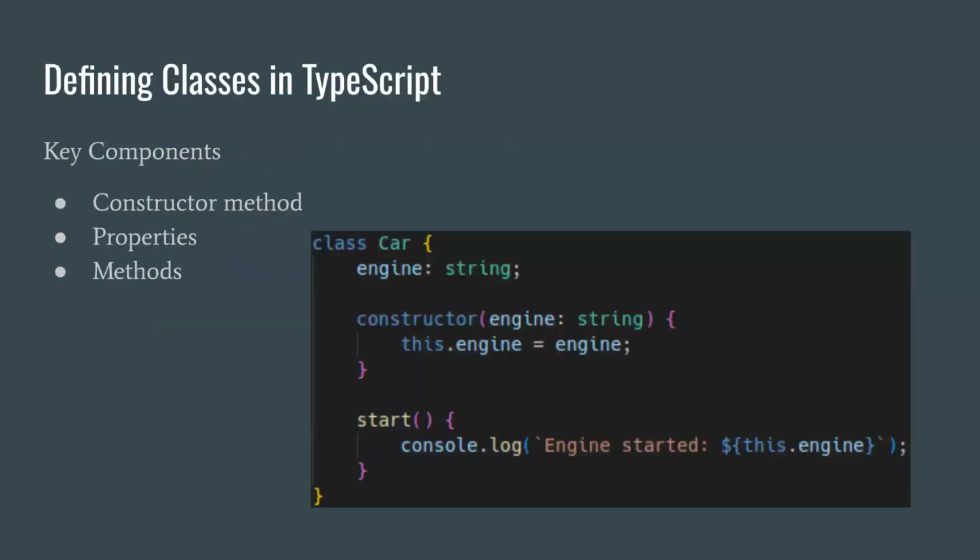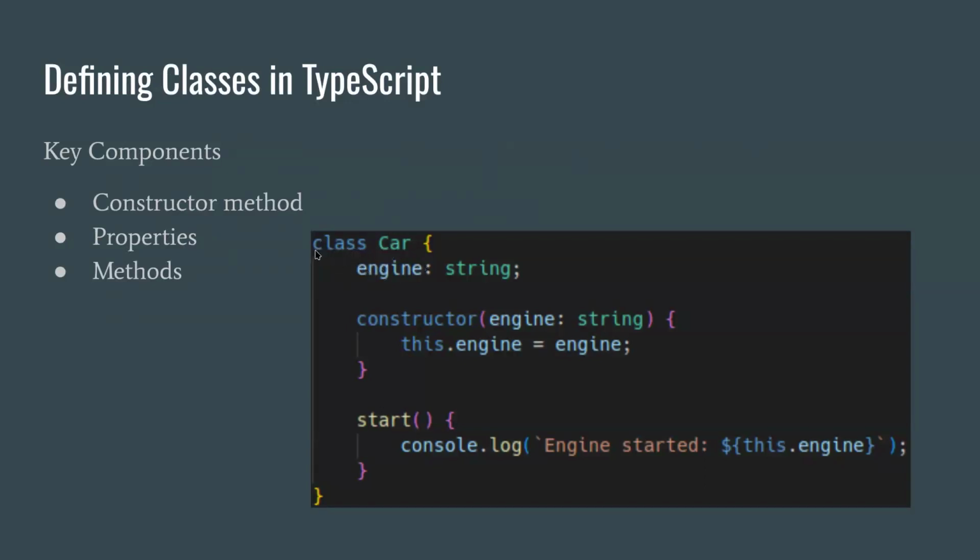Defining classes in TypeScript. Let's start by understanding how to define a class in TypeScript. The syntax is quite straightforward. We use the class keyword followed by the class name. So here's a simple example.